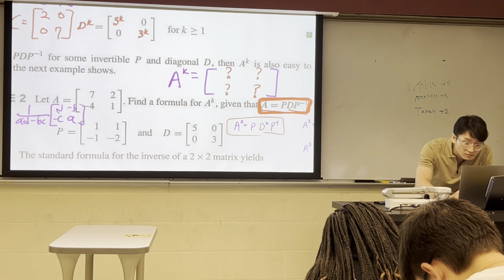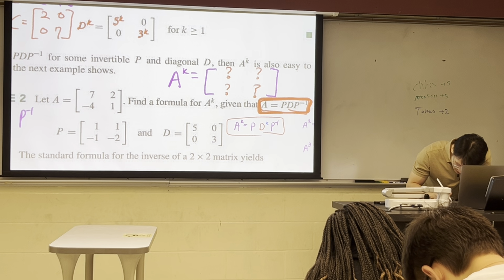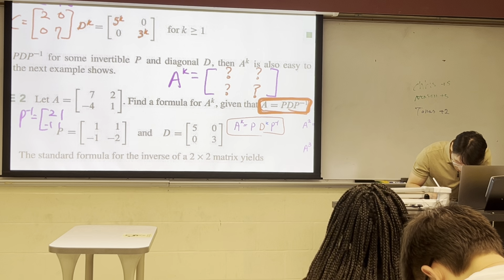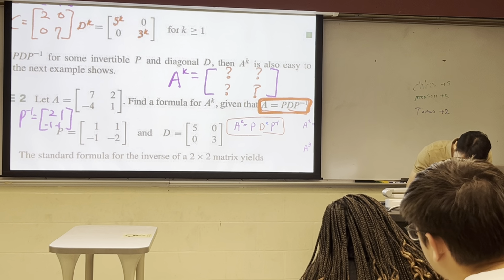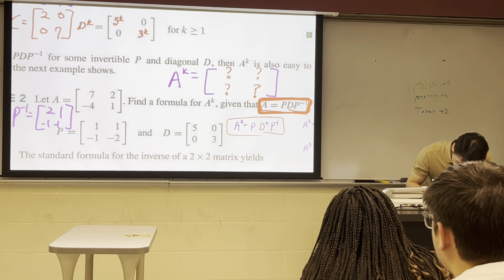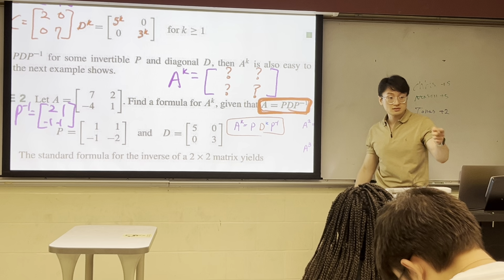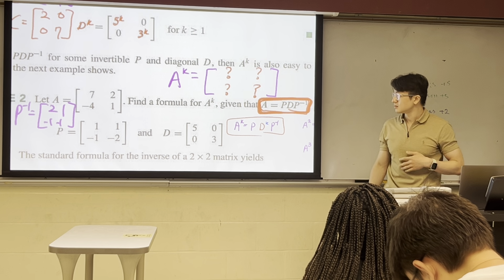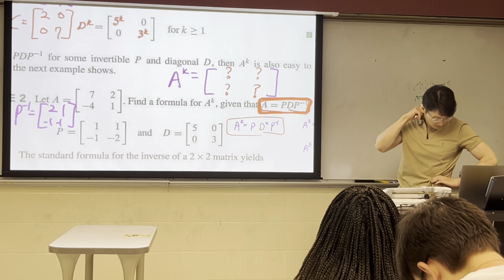Yeah, I'll just give you the inverse of it. P inverse is 2, 1, negative 1. Yeah, there you go. I'll try to be more kind. P inverse is this.